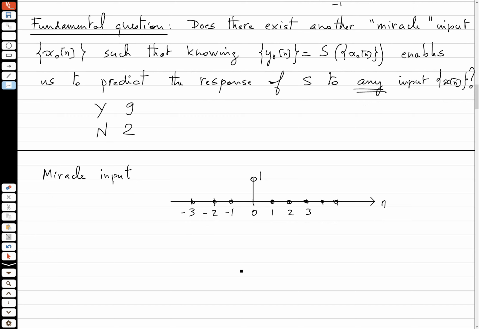Oh, by the way, what is this? Wait a minute. What do you call the response of S to an input like that? Impulse response. Am I saying that if you know the impulse response of S, you know the system completely?